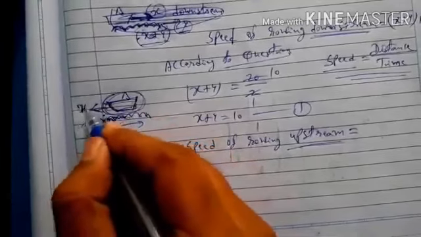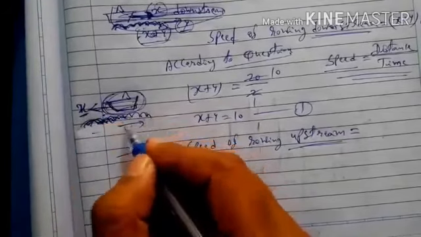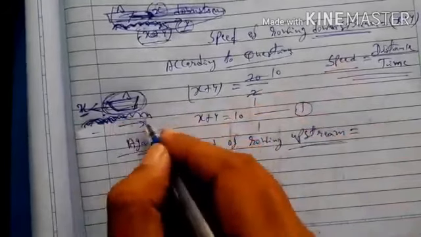Here x is the boat speed, meaning still rowing speed, and the current is y speed.